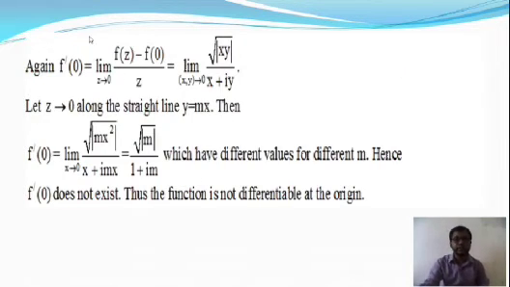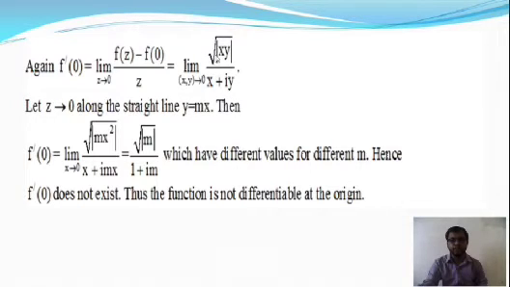Next we are going to discuss the differentiability and analyticity of the function f of z. Here f dash z is equal to limit z tends to 0 of f of z minus f of 0 by z. As you know, f of z is equal to root of mod of x into y, and f of 0 is equal to 0.